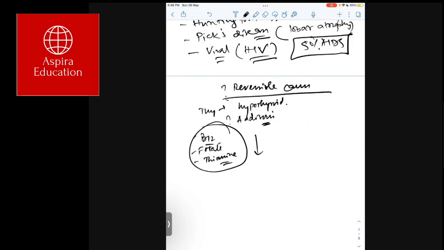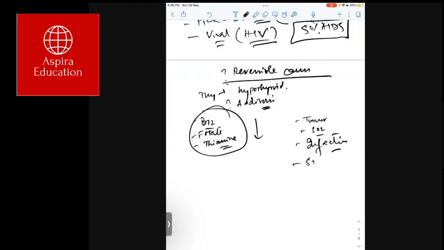Then if there is a tumor in the brain, so any SOL, or if there is an infection in the brain, these are reversible causes of dementia. Subdural hematoma, definitely it's a reversible cause of dementia. Depression, yes, treating depression. Depression is one of the very common causes of dementia, so treating that can help the patient. Whether the patient is on any substance, look for that. If the patient is on substance abuse, check for that, and that can cause dementia.